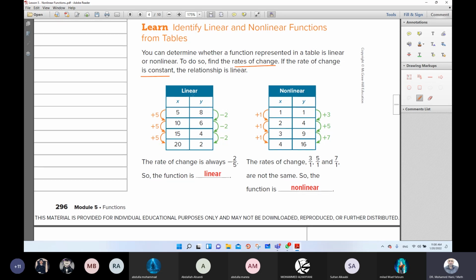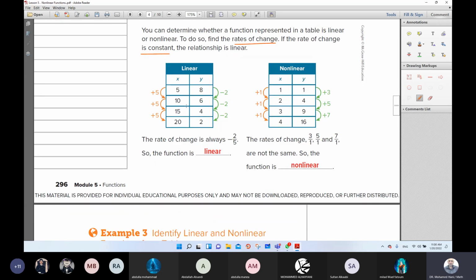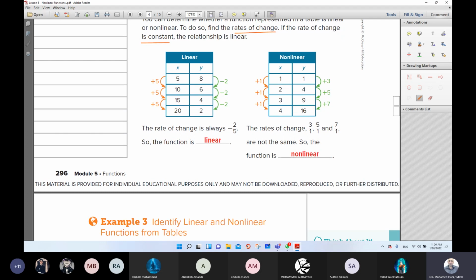So as you see here in the first table, study the numbers in the x. X here means the input or the domain. Here we have 5, 10, 15, 20, so plus 5, plus 5, plus 5.